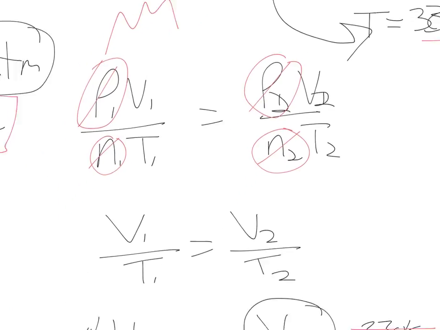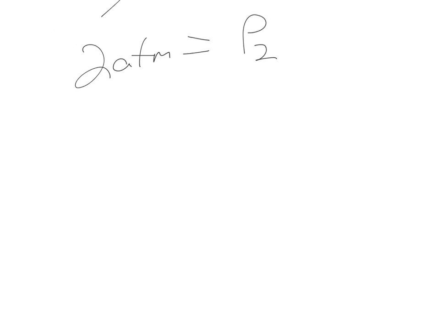Let's do a big sample one. Let's say, let's do another piston problem. Here's my piston. This time I'm going to start with it compressed quite a bit. And there's some particles of gas in there.